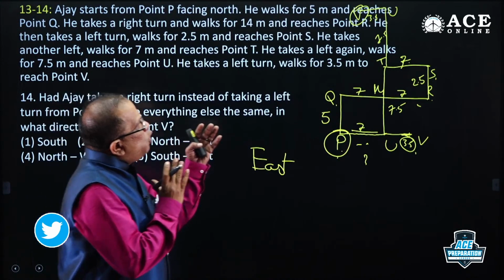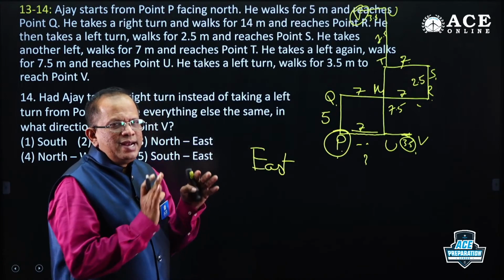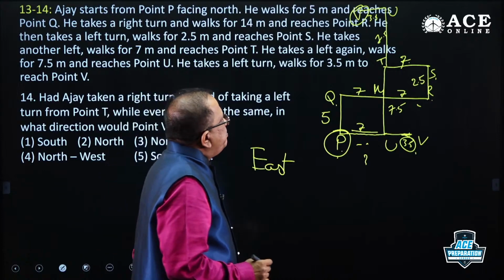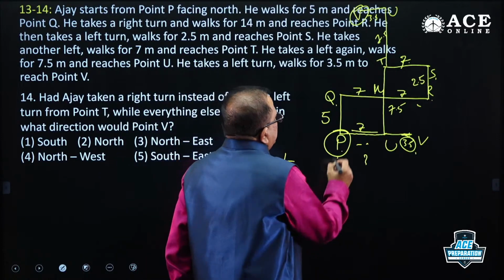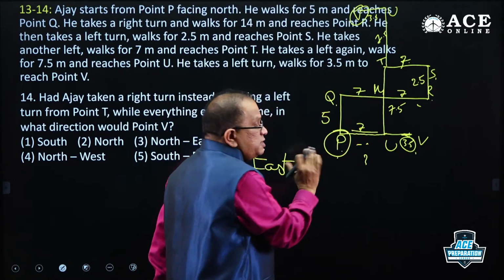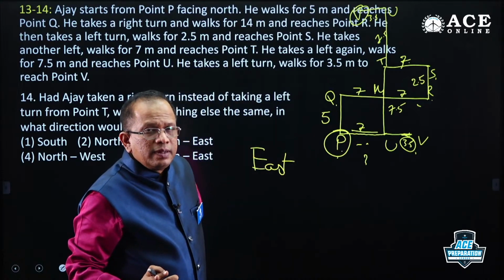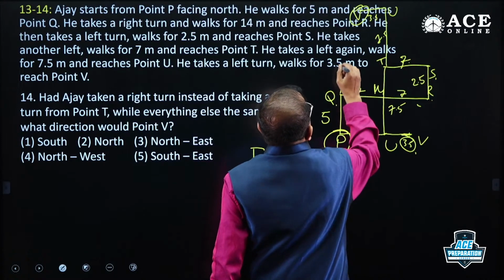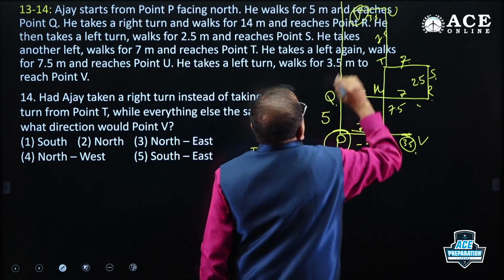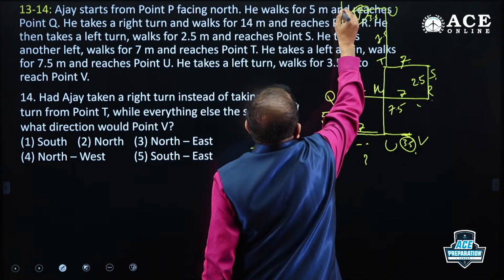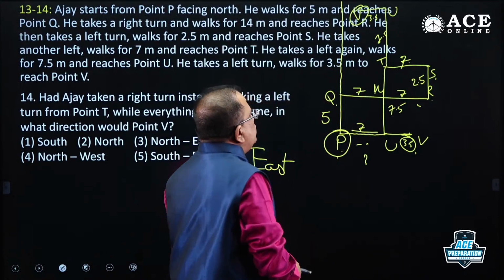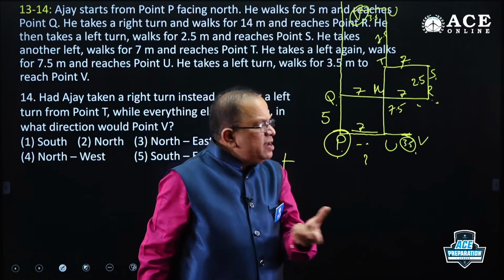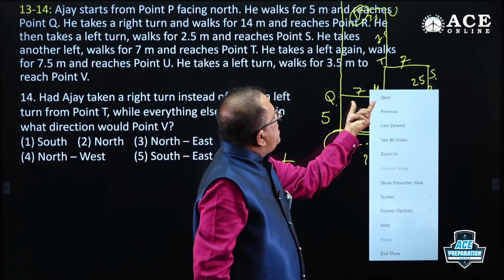Whenever they are very close, you need to ask yourself only one question. Is it 100% north? Is it pakka north? Is the distance matching? That is what you are supposed to see. Now this is P, an imaginary line is like this. Will we touch and come to this particular point? To do that, understand, from QR it is 14, half of it will be 7.